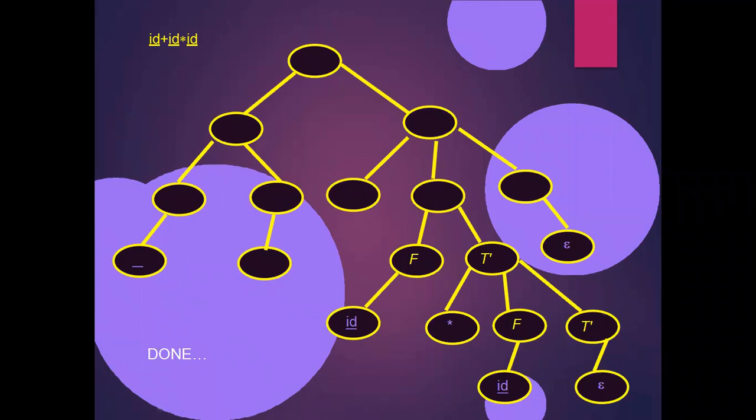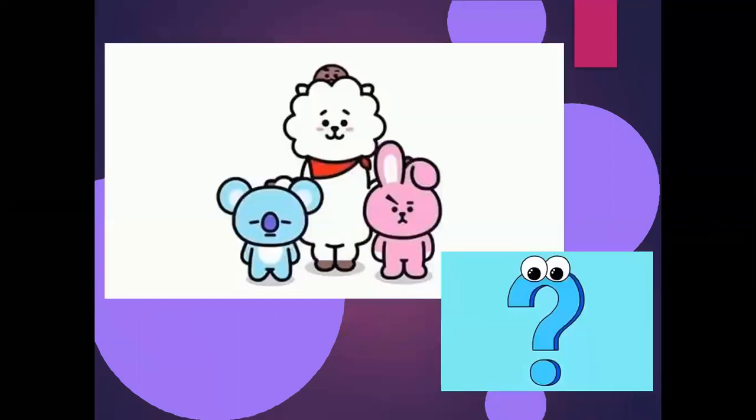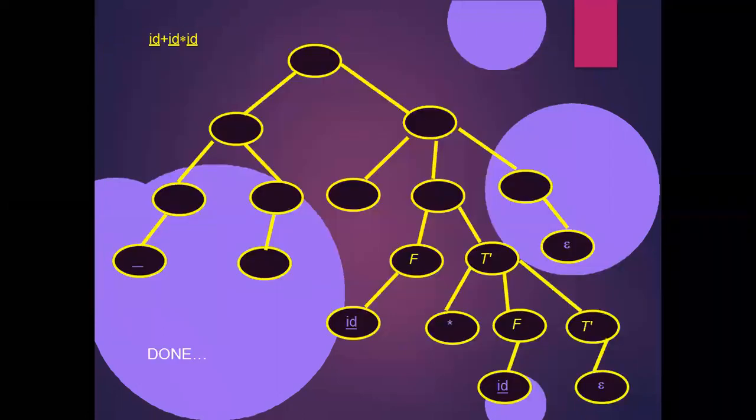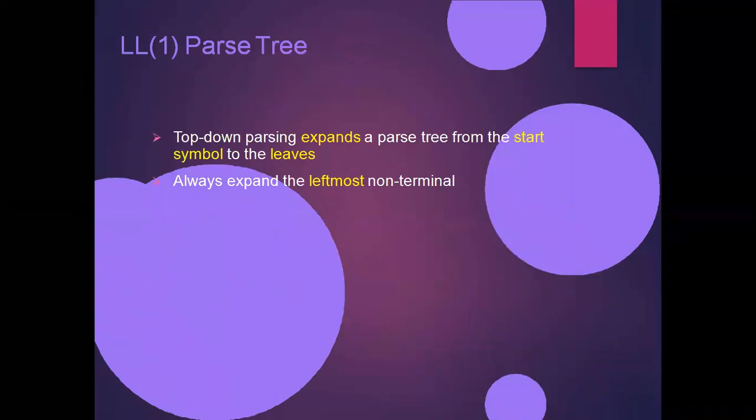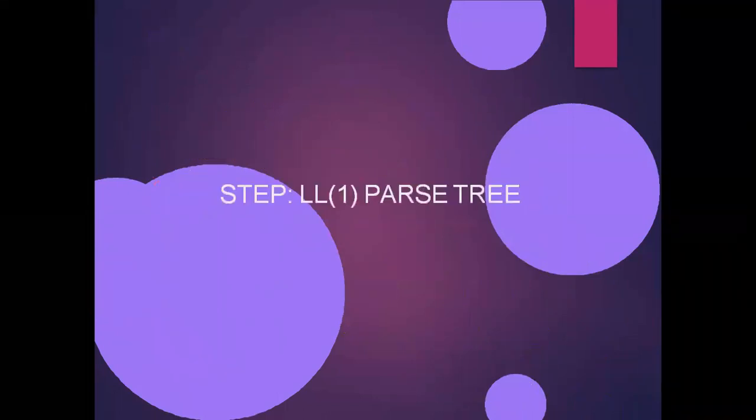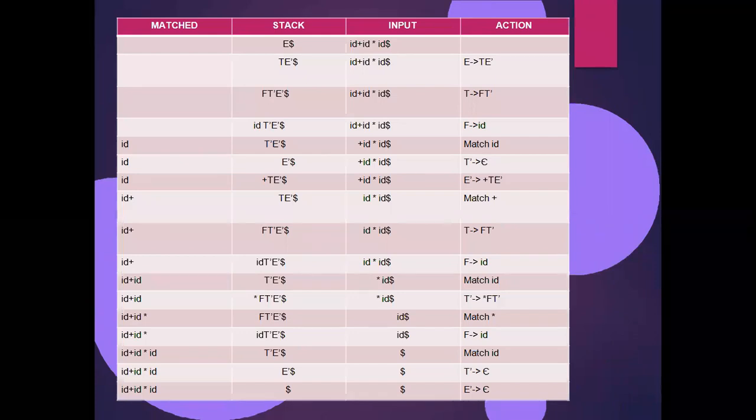ID for generating ID plus ID star ID. Is it clear how to accept the input string?